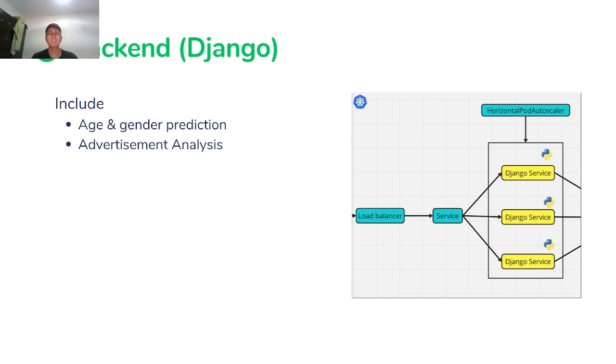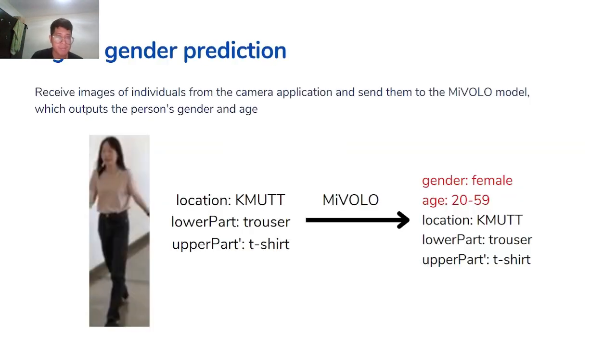Another important part is the backend. In this part, we include the age and gender prediction and advertisement analysis. After we get the image from the camera system, we send it into the MiVOLO model that we deploy in the backend.